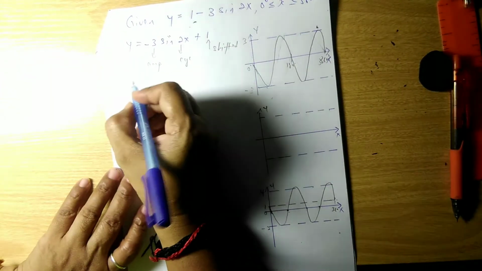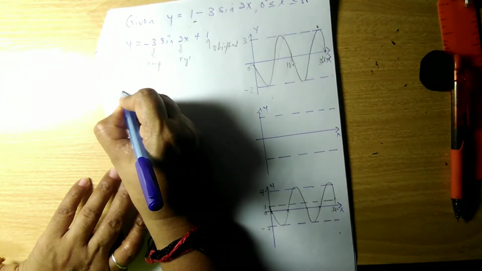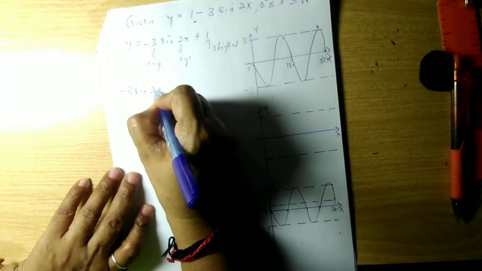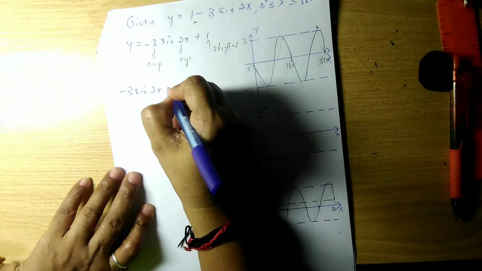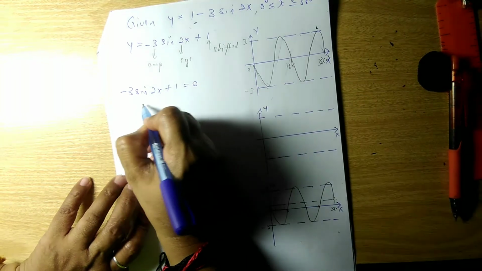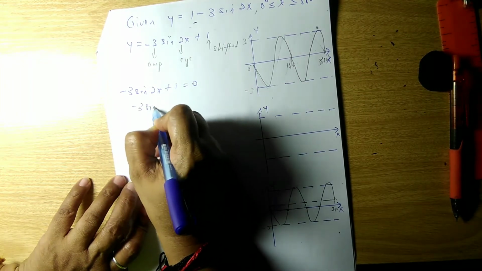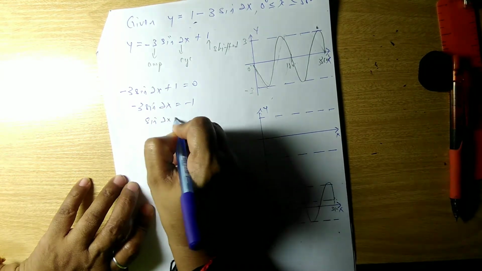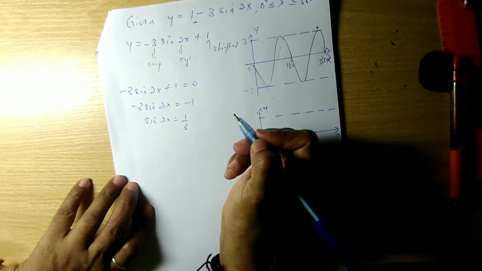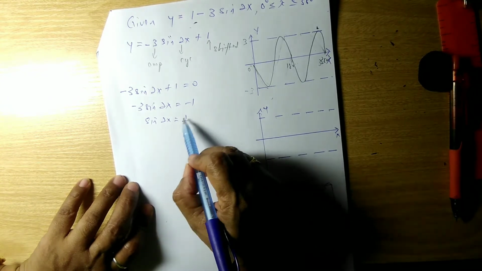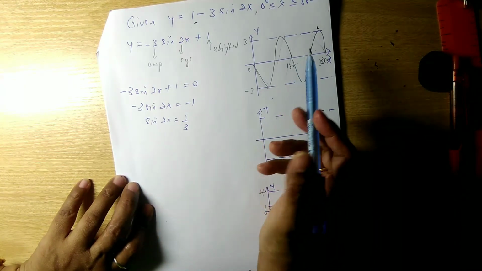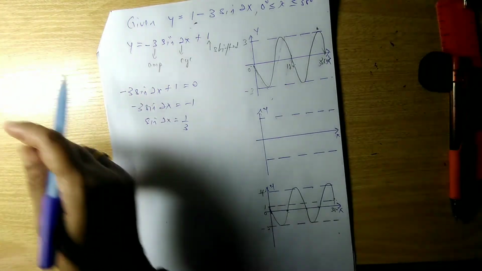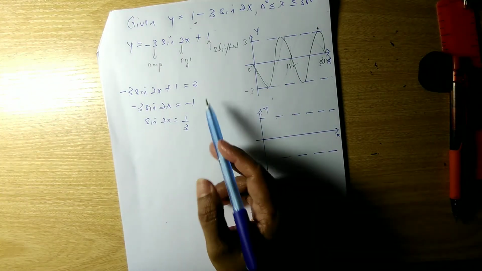So 1 minus 3 sine 2x is 0, so negative 3 sine 2x is negative 1, and sine 2x is 1 over 3. Since 1 over 3 is positive, sine positive is in the first and second quadrants, and we do one more round because there are 2 cycles.